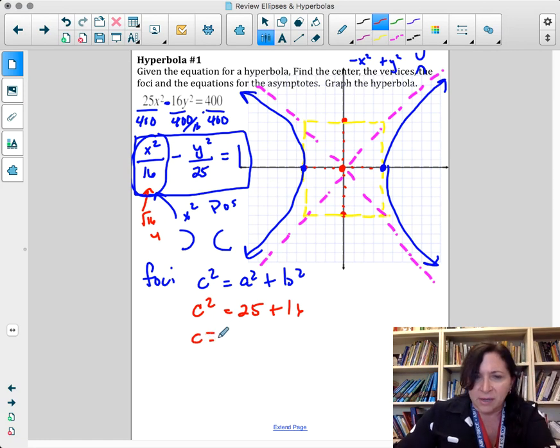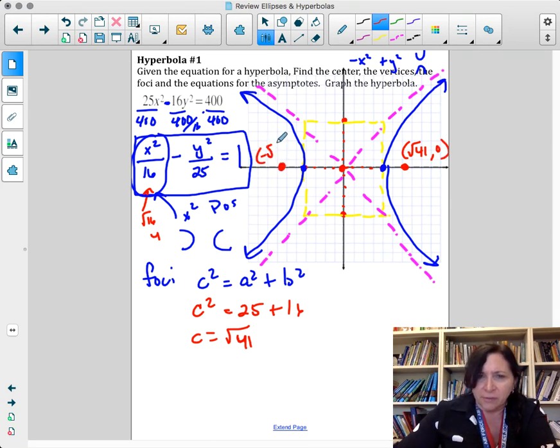So c equals the square root of 41. Because my center is at 0, 0, I just have to go to the right the square root of 41. So that's the square root of 41, comma 0. And this foci over here will be negative square root of 41, comma 0.